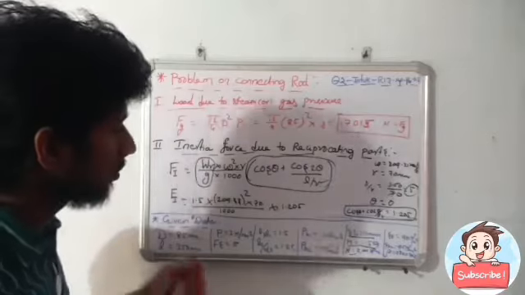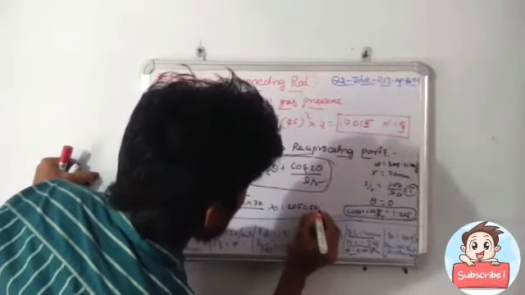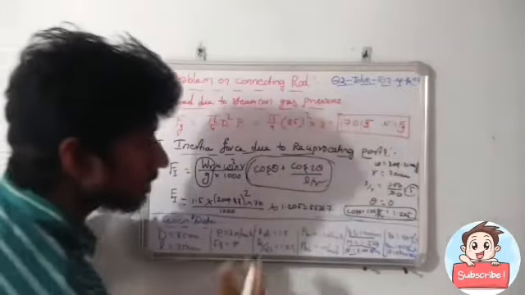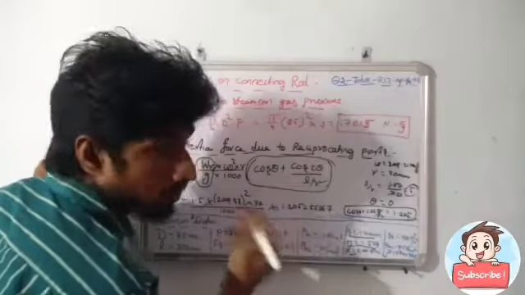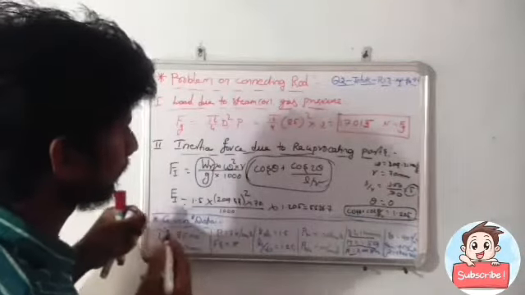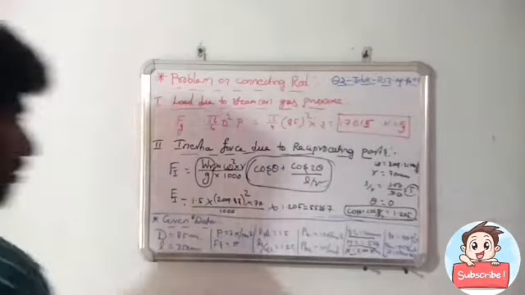So that is equal to 5526.7. Consider this value as 5527.